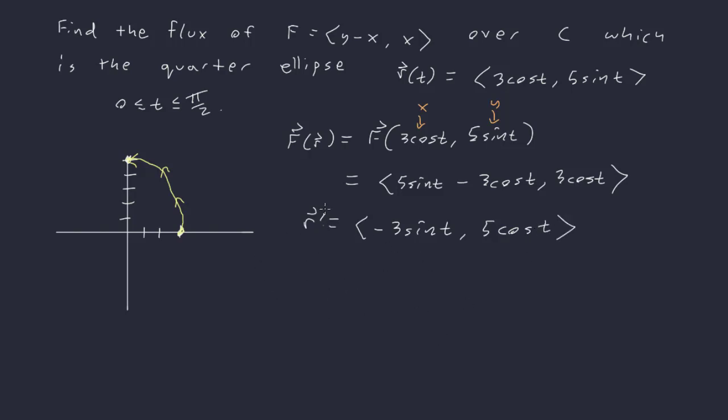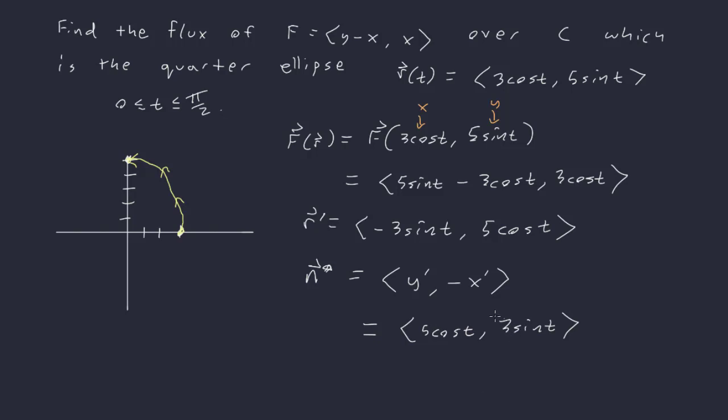So instead of r, I want n, let's call it star, which remember is y prime, comma negative x prime. I always like to write it down so I can keep it straight what I'm doing. So y prime, that will be 5 cosine t. Negative x prime, well, that will be negative negative, so a 3 sine t.